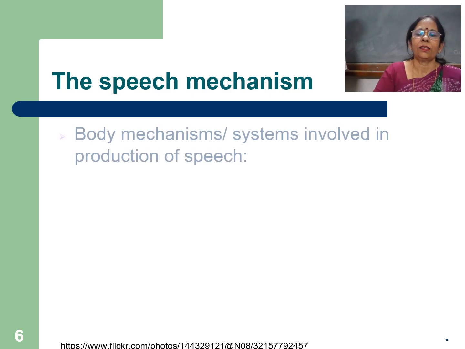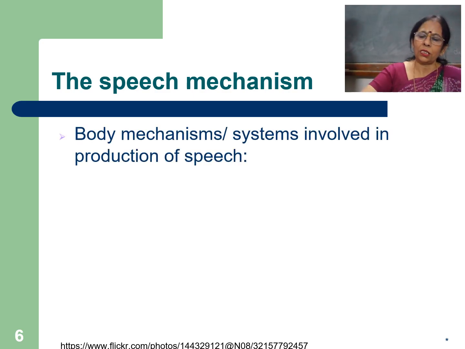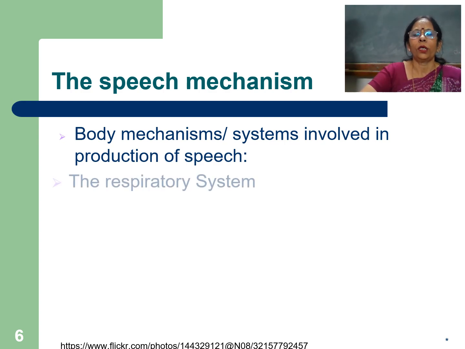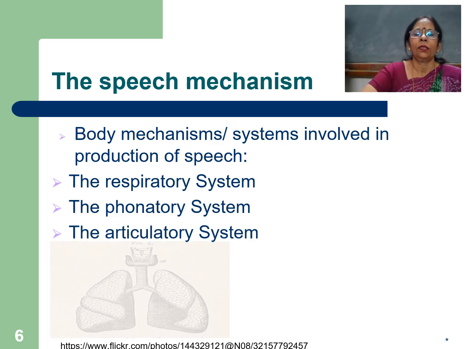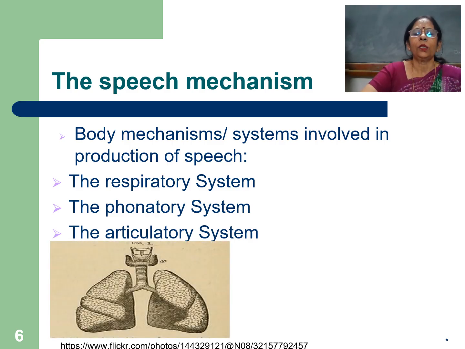The speech mechanism involves the systems of the body from head to abdomen, which are involved in production of speech. The three systems involved in production of speech are the respiratory system, the phonatory system, and the articulatory system. The respiratory system includes the muscles of the chest and the lungs and the trachea.